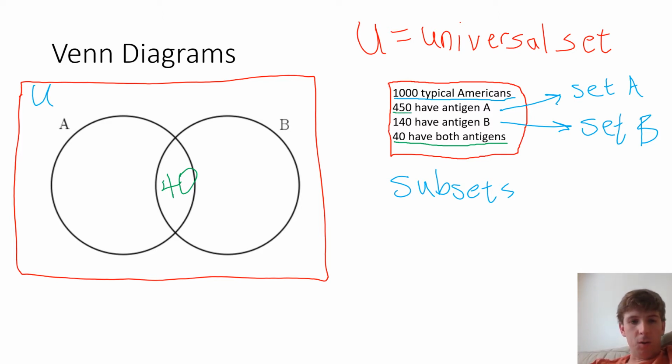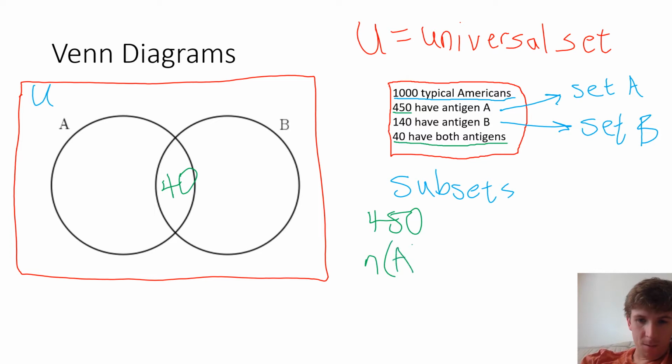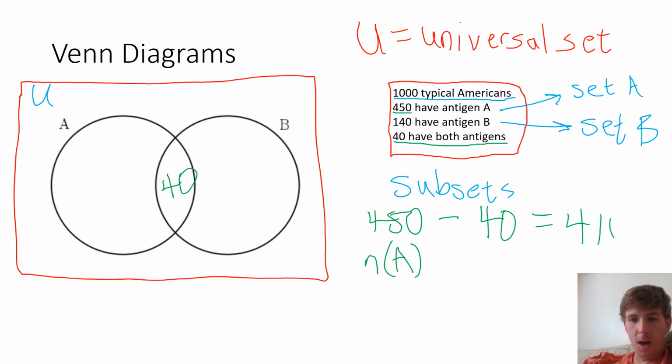But the portion that does not include the overlap needs to be just A, or really, A but not B. To figure that out, we do 450, the total in A, minus the overlap, subtract out that 40, and we get 410. That's the number that are in set A only.